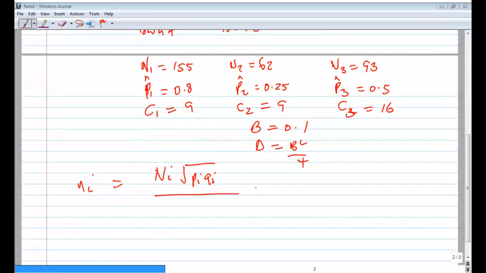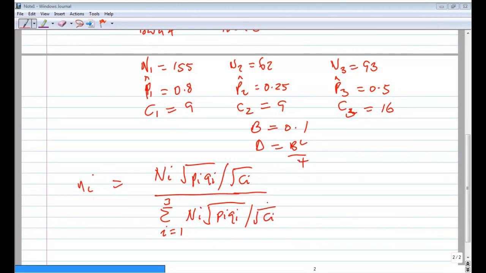Then you divide everything by the summation, because you have got 3 strata, so that means i is ranging from 1 up to 3 of Ni times the square root of Pi Qi. Oh, sorry, up there, the numerator, you have to divide by the square root of Ci. Even here you have to divide by the square root of Ci.